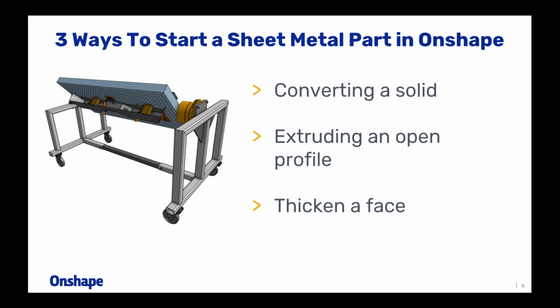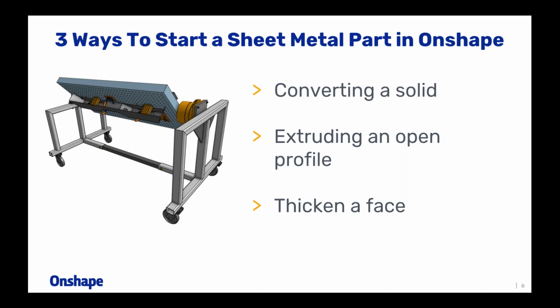I think this is one of the most common in past CAD systems, old CAD systems, and that's just selecting sketch geometry, for instance, and referencing that for your sheet metal part. Again, I'll show you an example of that. And then finally, we have the ability to thicken a face. And that just means you select faces, it thickens them, and you get a sheet metal part as the end result.